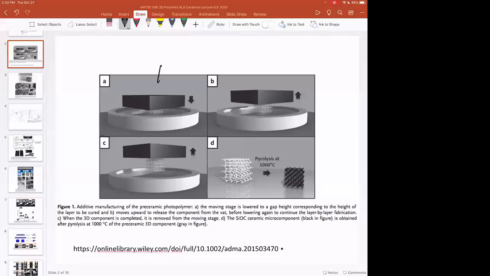So they're doing SLA, or they're doing the DLP variant of SLA. And this is a polymer fresh out of the SLA machine. And then pyrolysis at 1000 C in inert gas like argon or something like that.